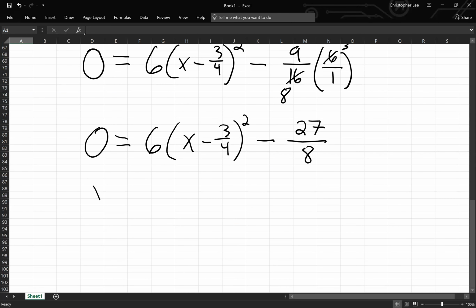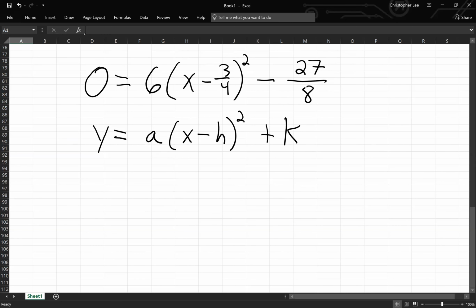They want to know, using this formula, this is a times x minus h squared plus k. I might be wrong about that, but check that with the homework real quick. Yeah, a times x minus h squared plus k.